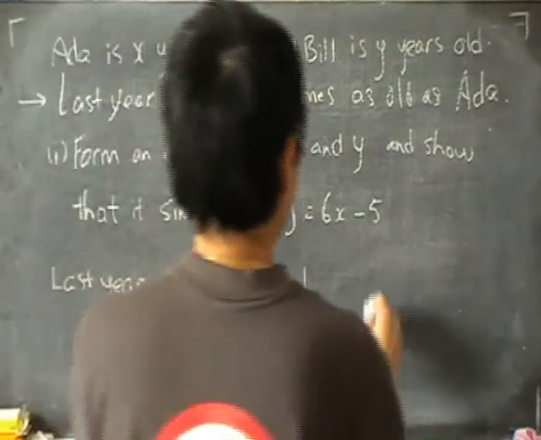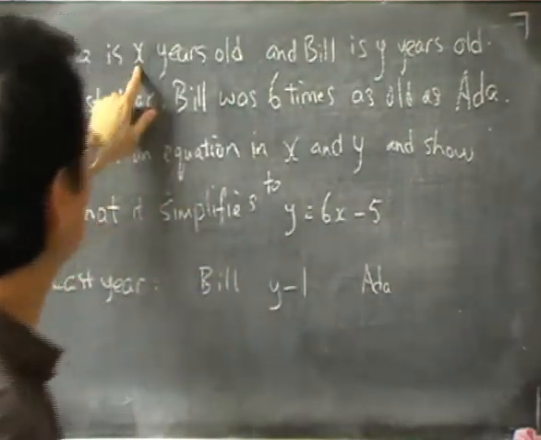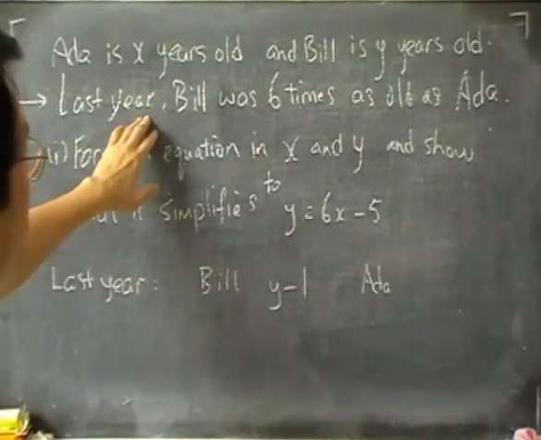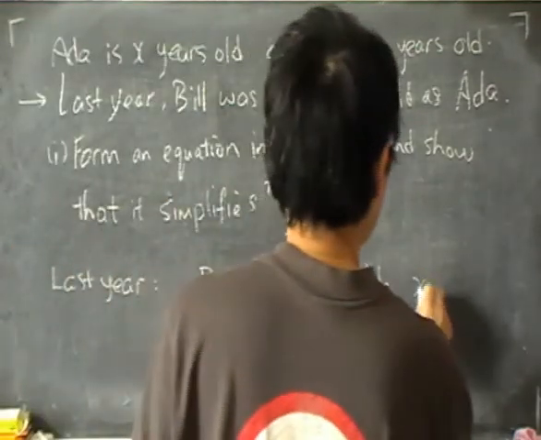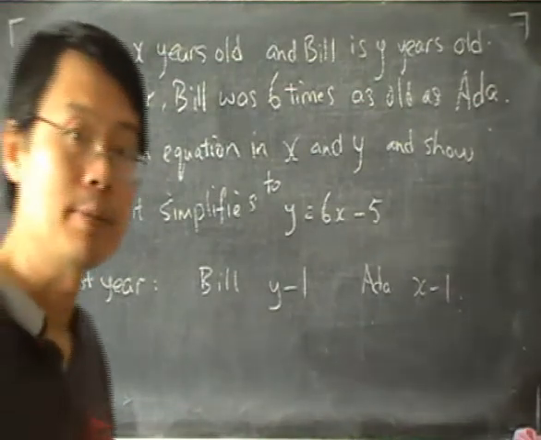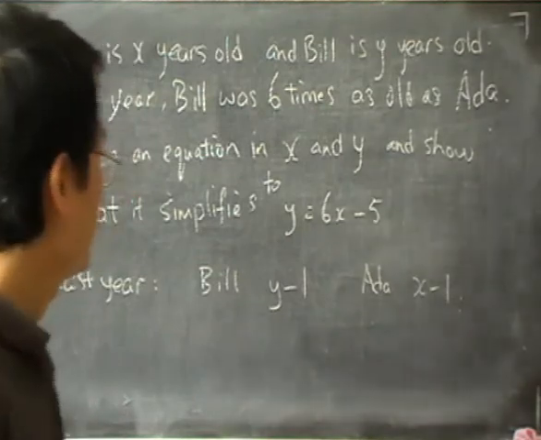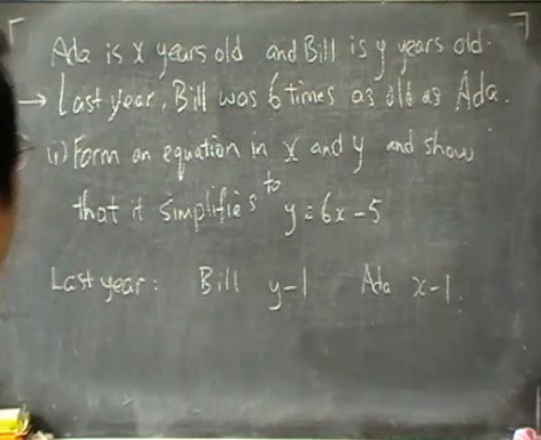Ada is x years old this year. Last year, she must be x minus 1 years old, because it's 1 year earlier, she is 1 year younger. Okay, that's our first step.